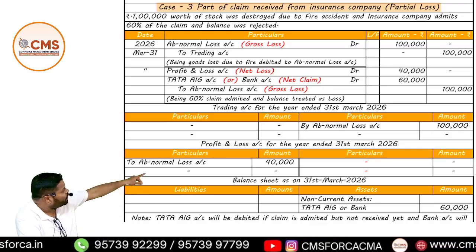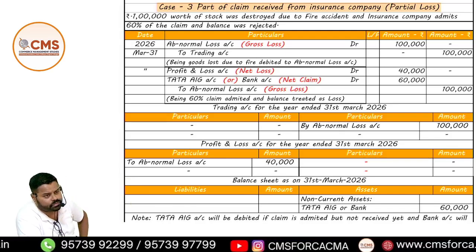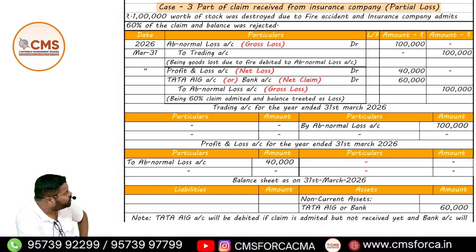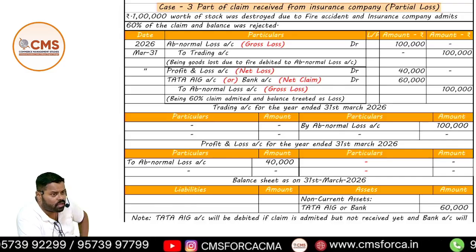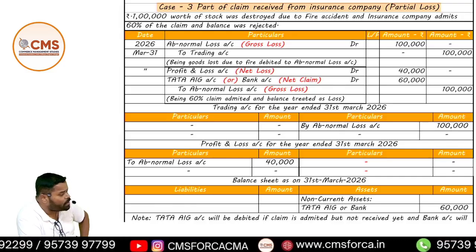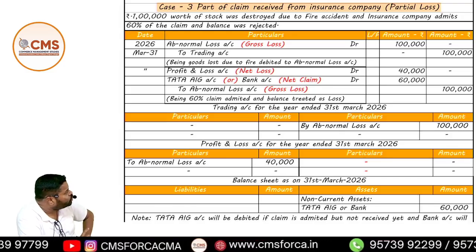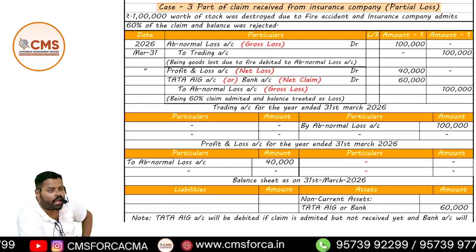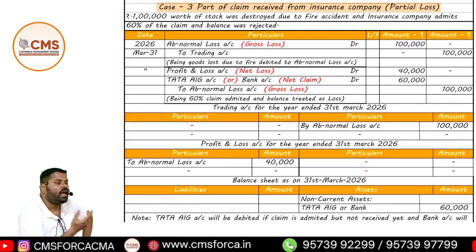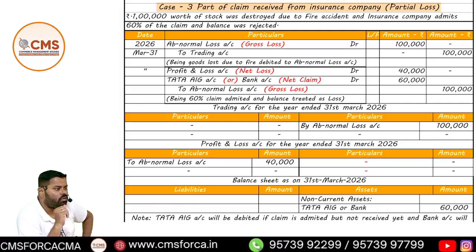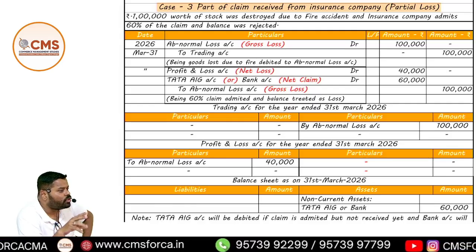Next, look at the second entry: profit and loss account 40,000, Tata AIG or bank account with a net claim of 60,000, to abnormal loss account 1 lakh. So in the second entry, I am closing the abnormal loss account, but I'm splitting that abnormal loss account into 2 things.